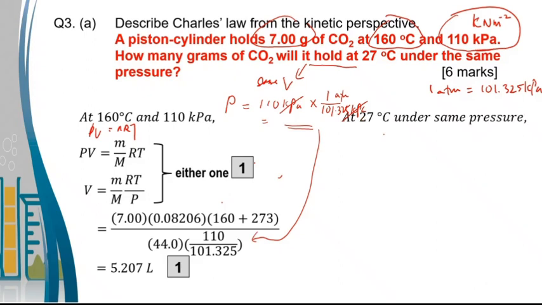At 27 degrees Celsius under the same pressure, we can use the same formula to calculate the mass. But at 27 degrees Celsius, the temperature will be different.